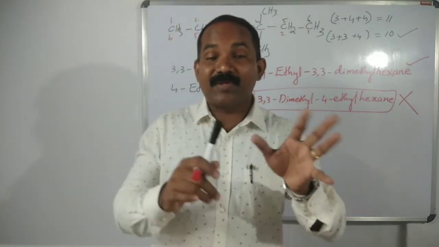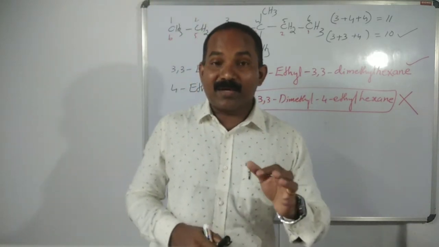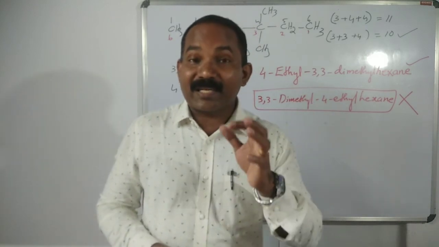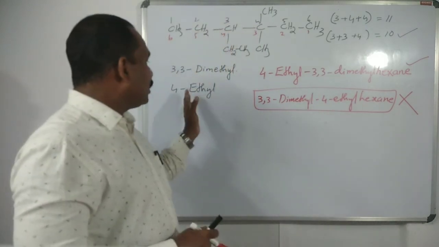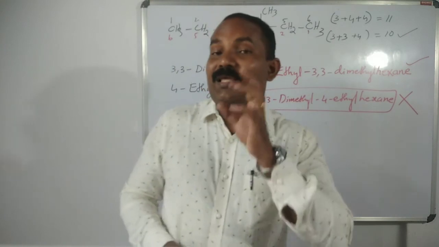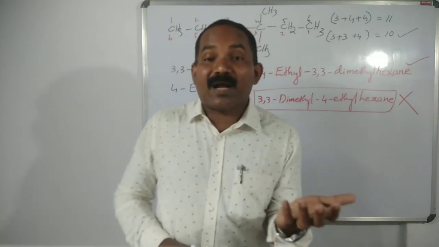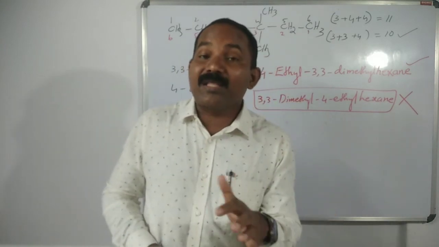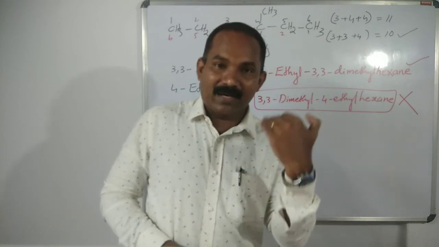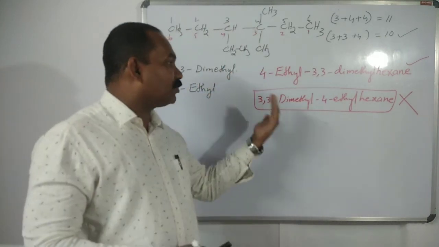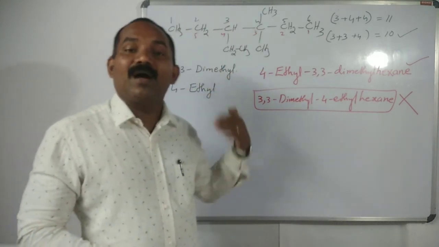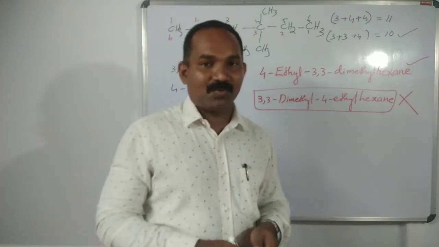Substituent alphabetical order. Methyl group, the first letter is M. Ethyl group, the first letter is E. So ethyl comes earlier. Ethyl comes before the methyl group.